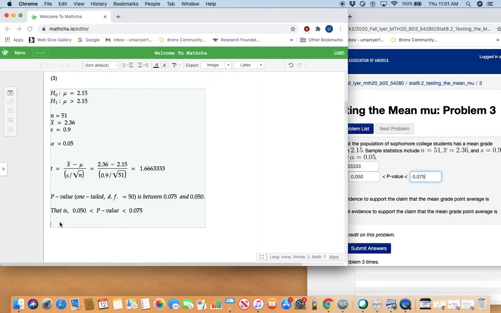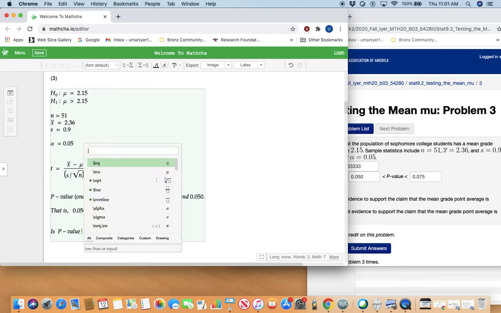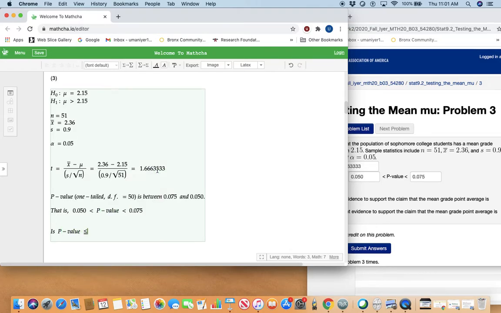Okay. At this point, the p-value is between these two numbers, right? The question is: is the p-value less than or equal to 0.05? Well, it is not, because the p-value is above 0.050.